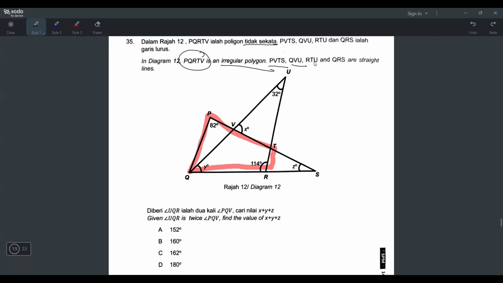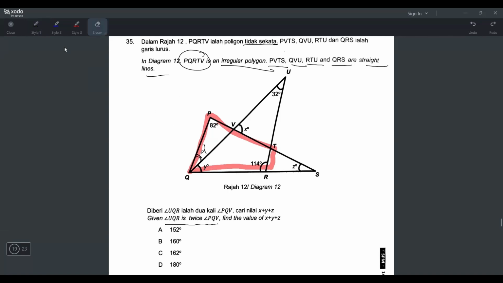PVTS, QVU, RTU, QRS are straight lines. This is not important. Now what else here? UQR is twice PQV. Oh, this one is important. Where is UQR? UQR is Y. And they say it is twice PQV. Where is PQV? Here. So I will call this alpha.